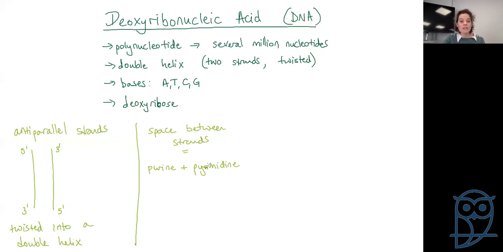Remember, our purines are the big ones. And our pyrimidines are the little ones.